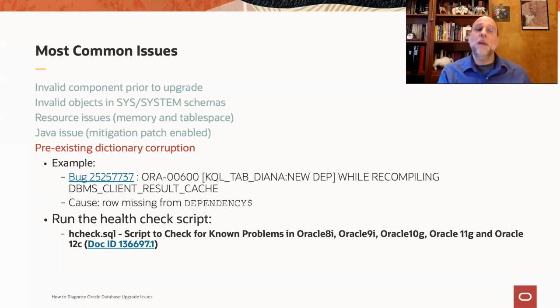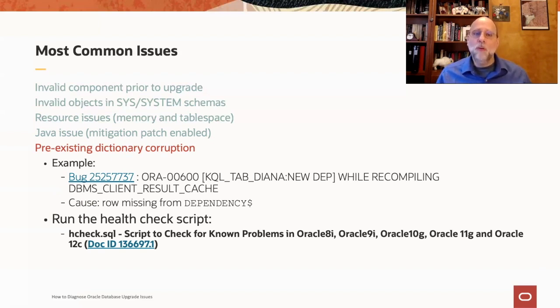It's also not the same as memory corruption, which is usually a buffer overflow error because someone's been sloppy in their programming and they've inserted too big a value into a particular buffer. Now, dictionary corruption, simply put, means something in the dictionary that shouldn't be there, or something missing from the dictionary that should be there. It's something's wrong in your data dictionary.